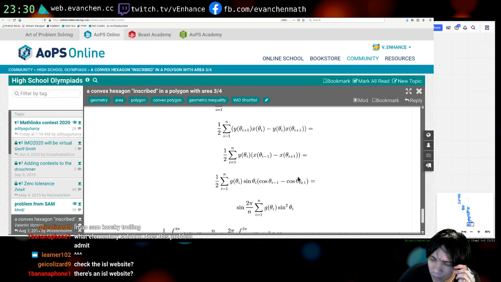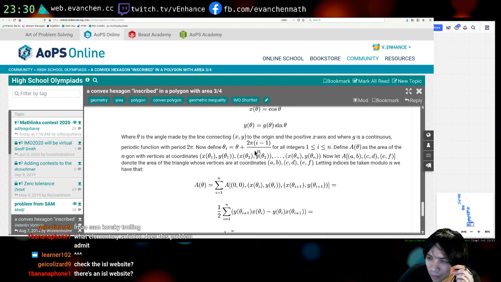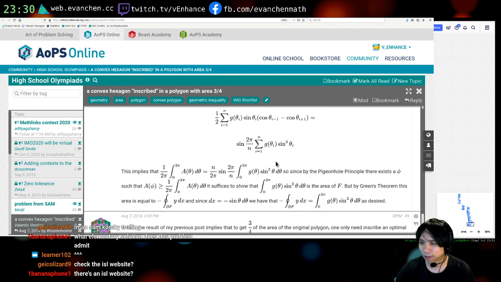I don't get this line actually. What are theta i? Oh, okay, it's a little trickier. He actually assumes the spokes are equal width apart, so you have to do equal width spokes. It's not literally random.